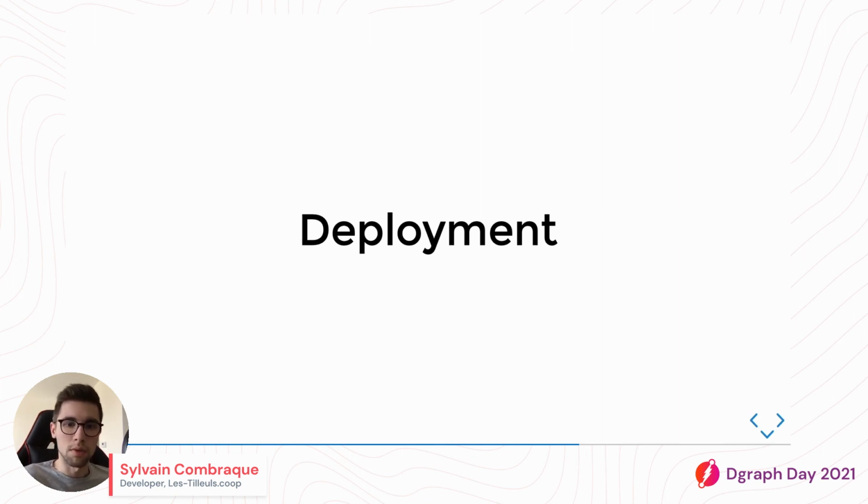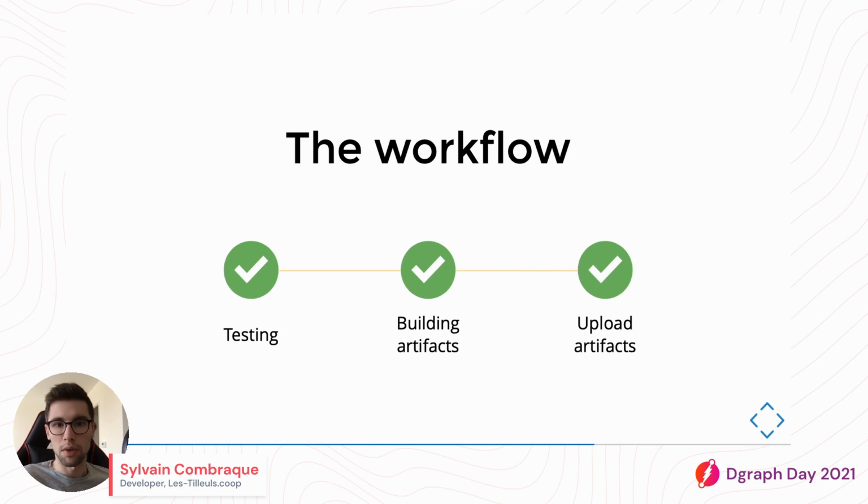So first, the workflow for deployment on a tag branch is the following. Tests for Travis are launched, then the artifacts are built, and the last step is to upload artifacts on the tagged commit to be able to download the OS and Arch associated.